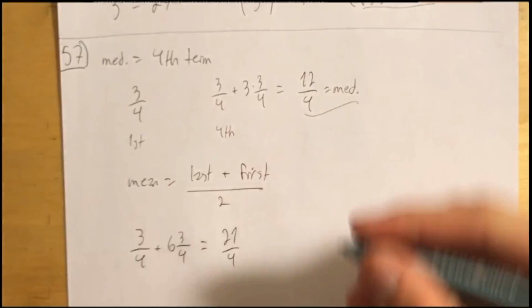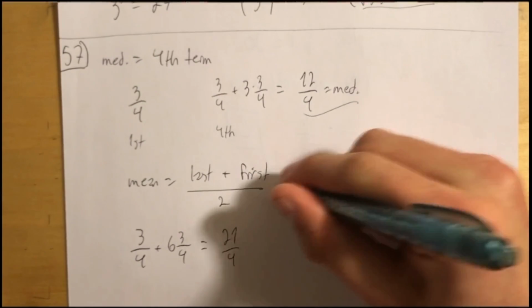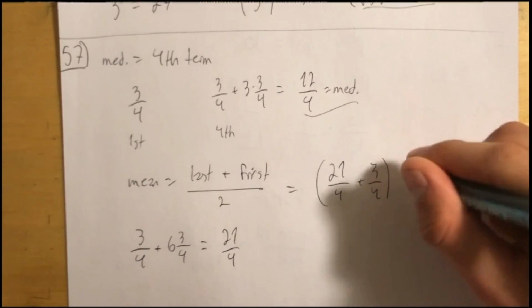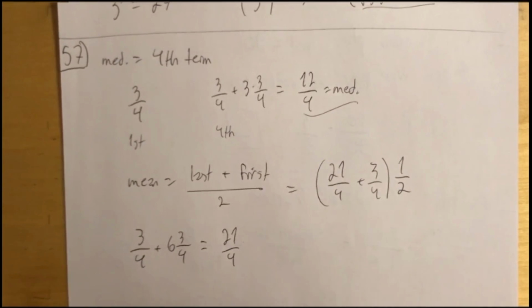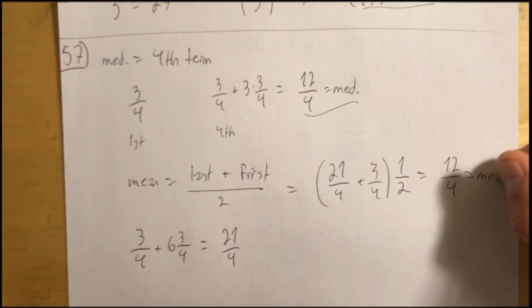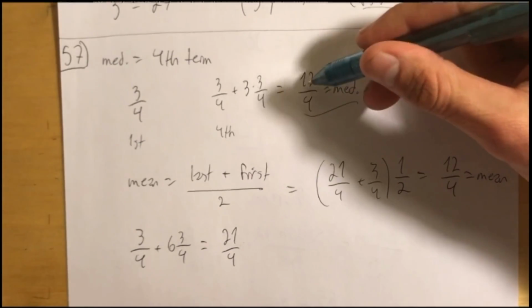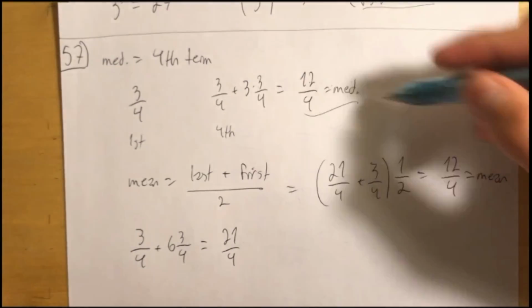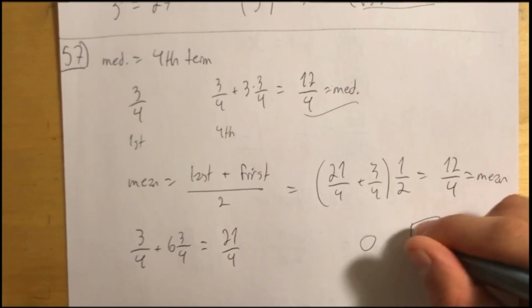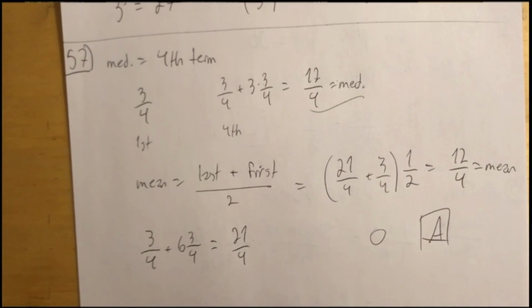And then the first is just 3 over 4. So this is going to be 21 over 4 plus 3 over 4 divided by 2, which is 12 over 4. Mean equals the median. So then the difference is 0. Option A.